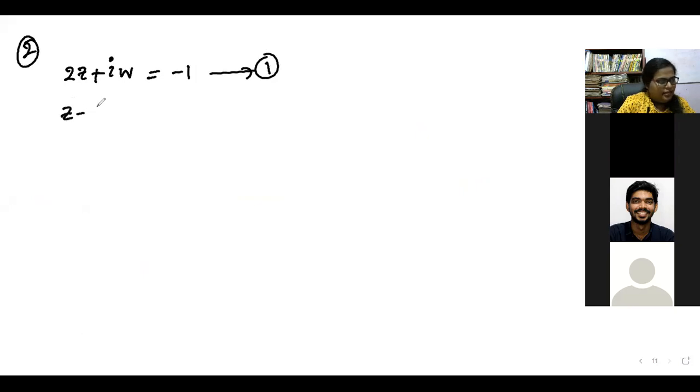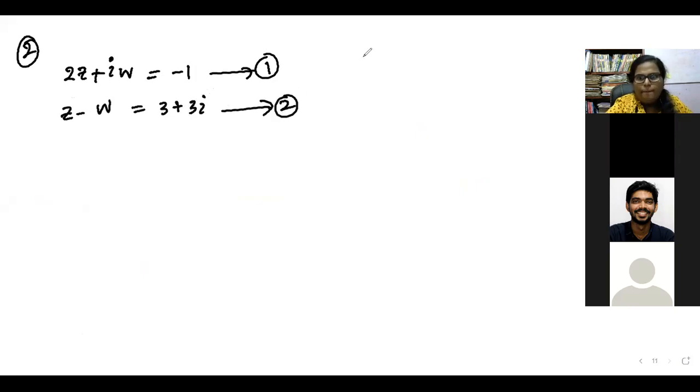So the first equation is 2Z plus iW equals minus 1. This is our first equation. And the second equation is Z minus W equals 3 plus 3i. This is our second equation, right?